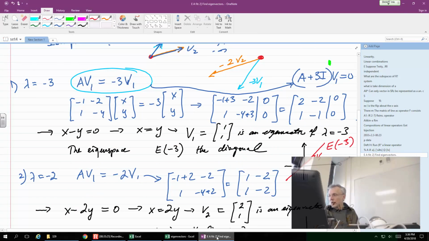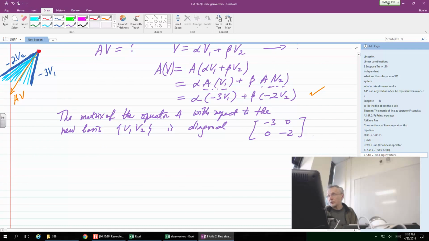In the n-dimensional case, what happens? A little bit of algebra comes into play.